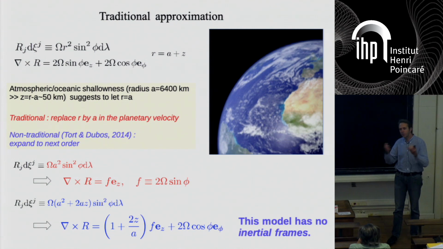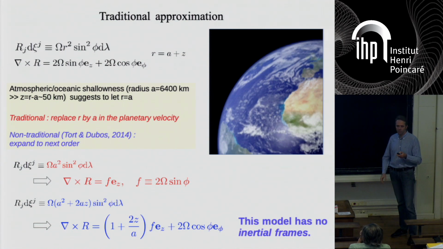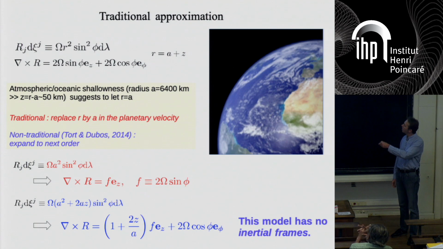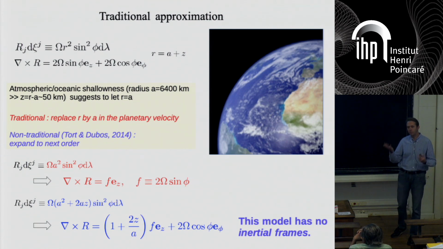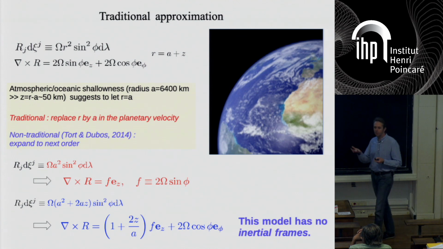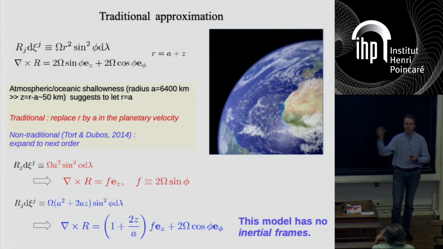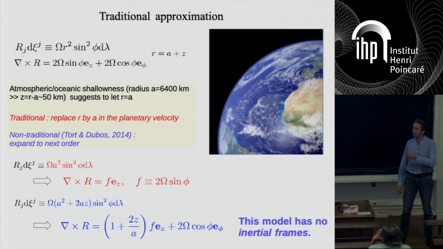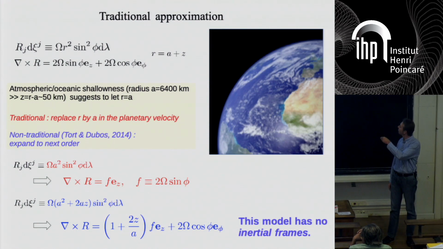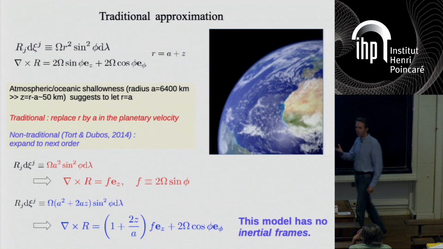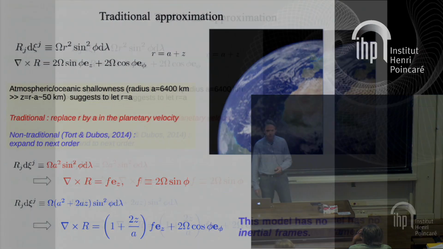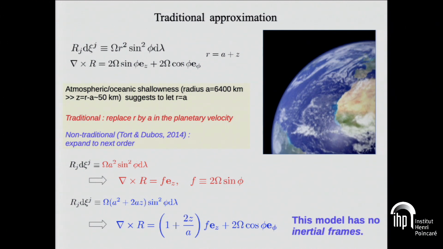Because when you change frames, all you can do is add a solid body rotation, and this vector field is not the curl of a solid body rotation. So you cannot cancel the Coriolis force by a change of frame. You cannot go back to an inertial frame with this Coriolis force. So this model has no inertial frames. There is no frame in which you can cancel the Coriolis force.